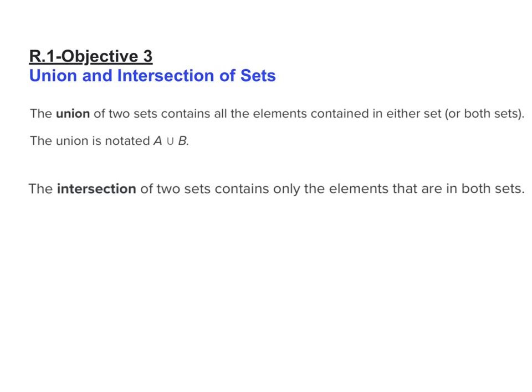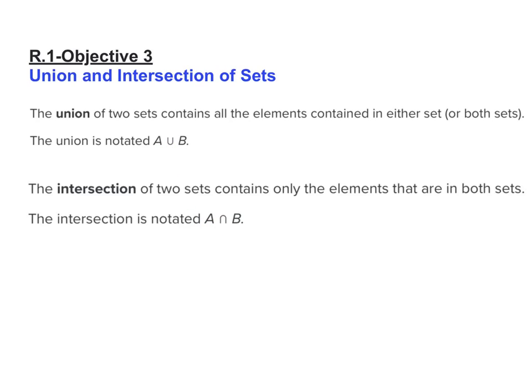We notate that by flipping that U upside down. So this is the intersection of A and B. The intersection symbol is that same U, but flipped upside down.